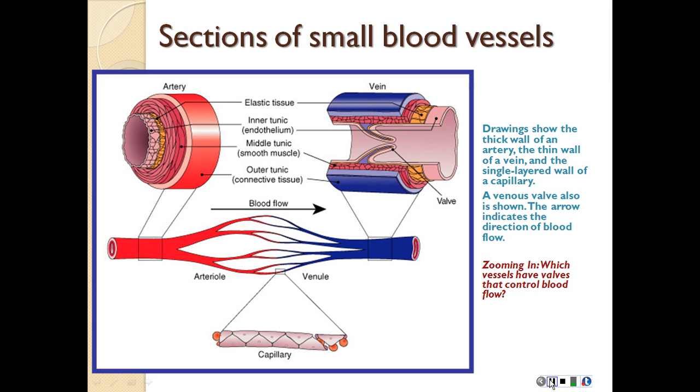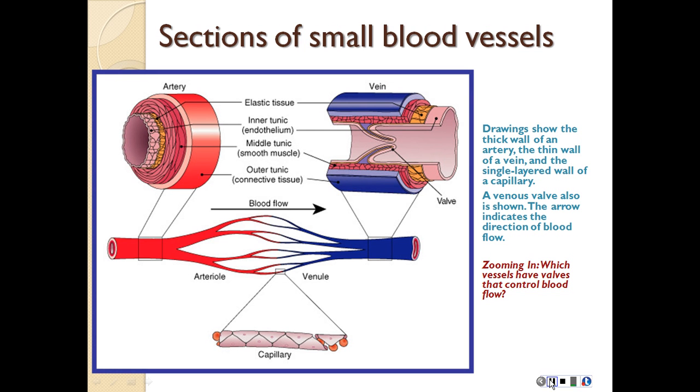Why would that be important? Why wouldn't you want the capillaries to have a muscular layer and a connective tissue layer? What do you think that would interfere with? What is it that capillaries are supposed to do? Allow nutrients and gases, exactly, that are inside the capillary to diffuse out to the tissues.